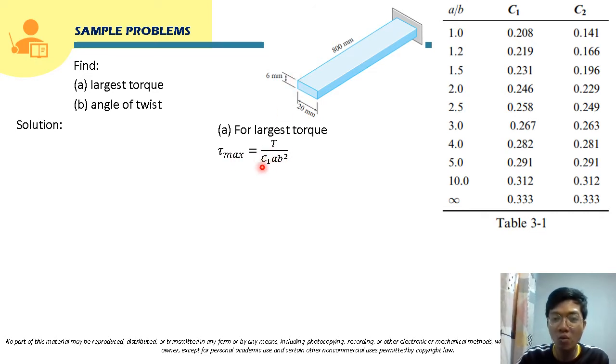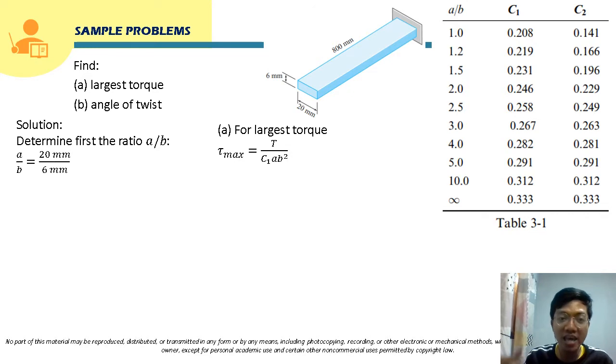Now, for C1, this is a coefficient that we can get from this table. To get the coefficients C1 and also C2, we have to solve first the ratio A over B. Again, A is the larger dimension, 20 millimeter, over B, the shorter dimension, which is 6 millimeter. So A over B is equal to 3.33.